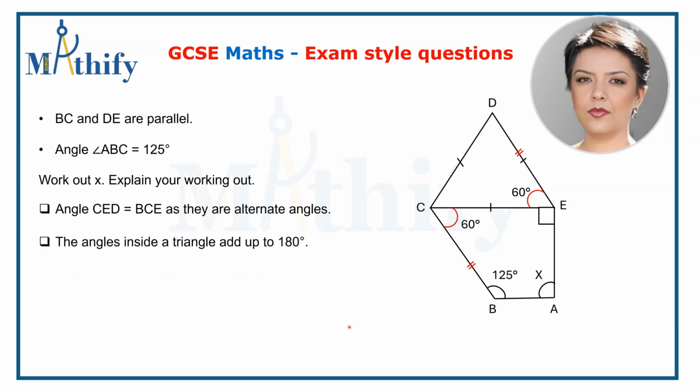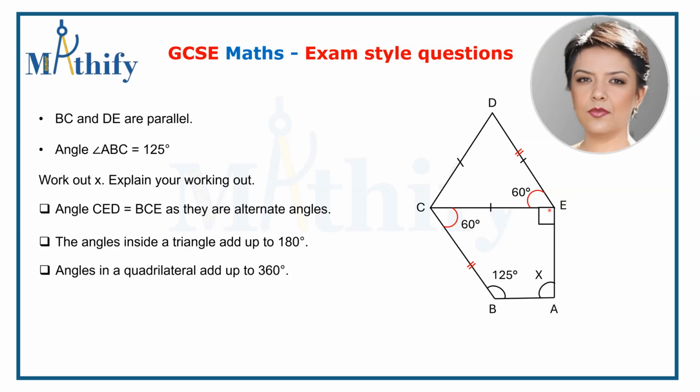The second important information is that the angles inside the triangle add up to 180 degrees. And the last piece of information to consider: angles in a quadrilateral add up to 360 degrees.